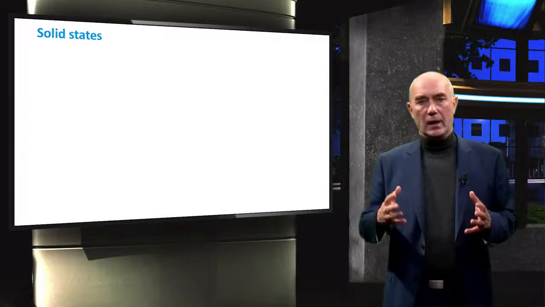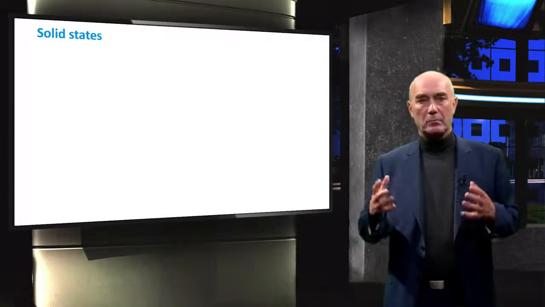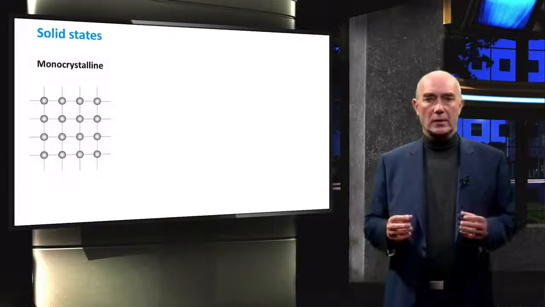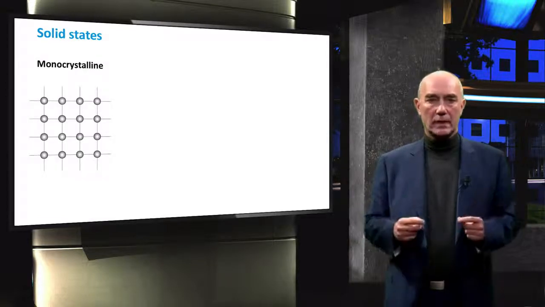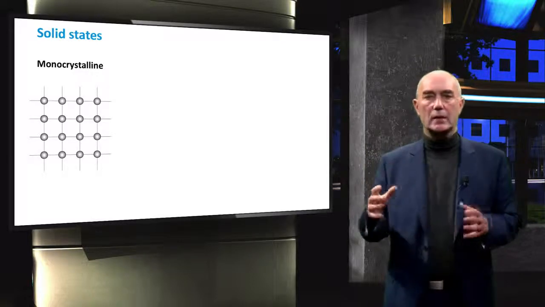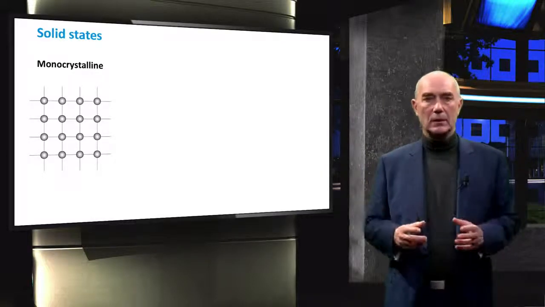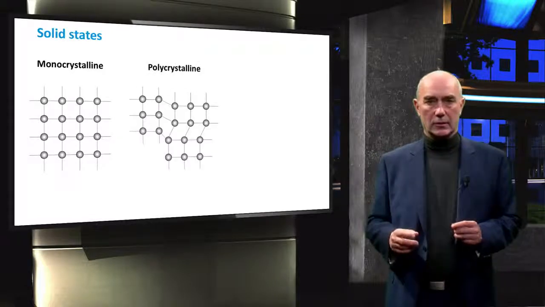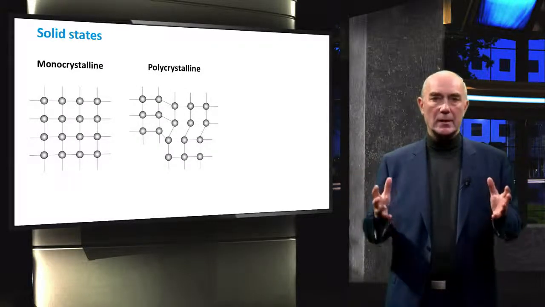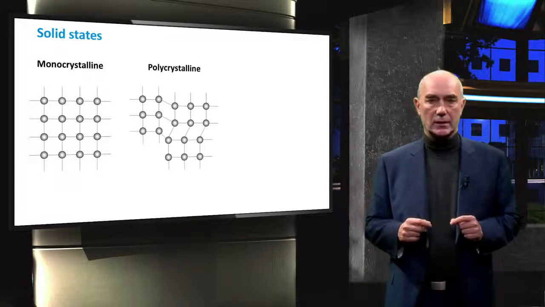A solid can be either monocrystalline, polycrystalline, or amorphous. Monocrystalline solids are highly organized structures where atoms form a continuous crystal lattice. However, in polycrystalline solids, regions of crystallinity are present with different sizes and orientations.